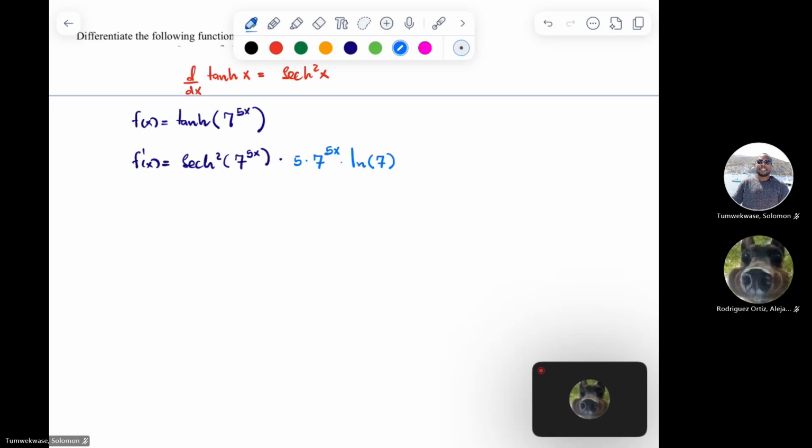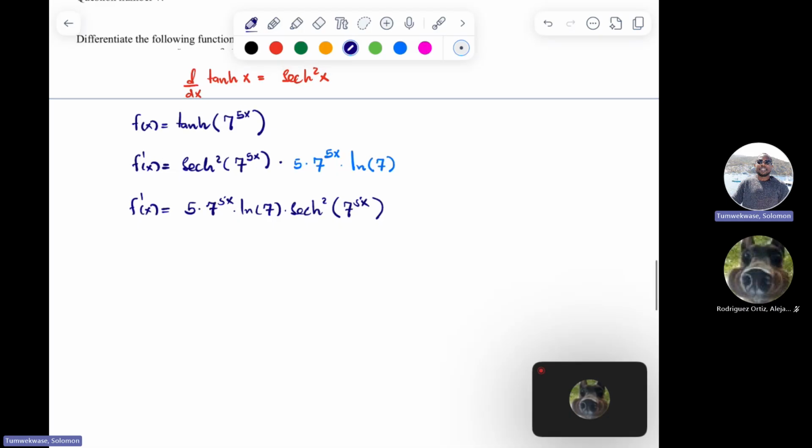Okay, so I can rearrange this nicely as 5 times 7 to the 5x times natural log of 7, then times sec hyperbolic squared of 7 to the 5x.